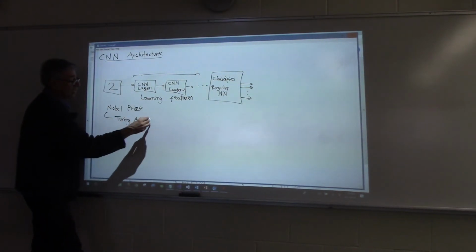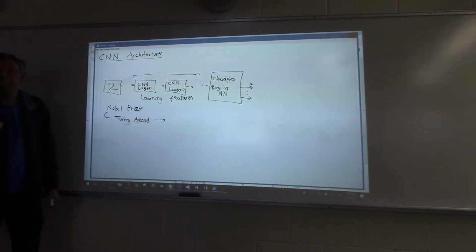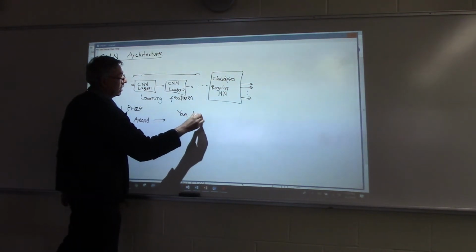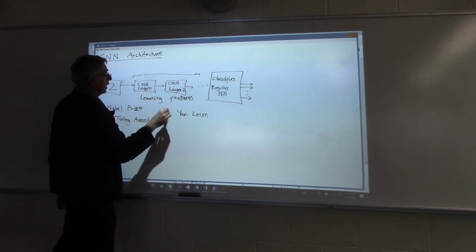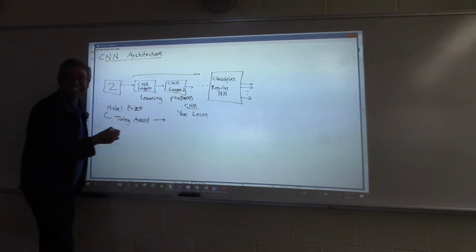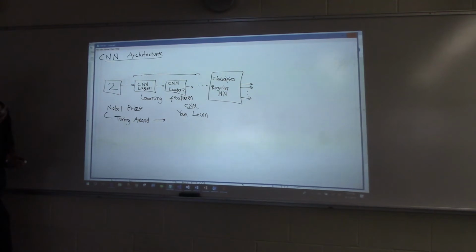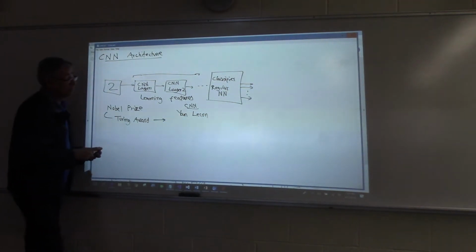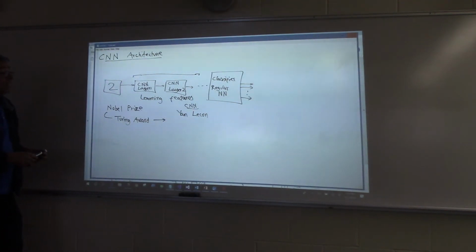Just a couple of days ago, they announced the Turing Award for last year, and it was given to 3 people, and one of them is Yann LeCun, the founder of the deep CNN. So he did end up getting the equivalent of the Nobel Prize, and of course the other 2 are also very famous people, Yoshua Bengio and Hinton.